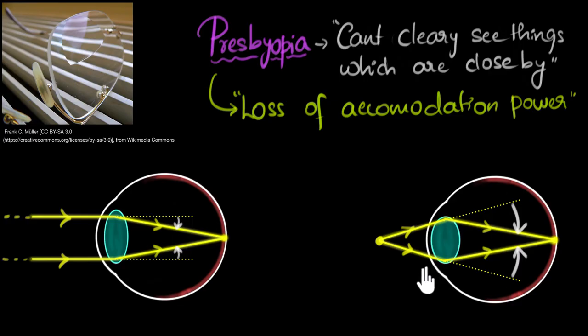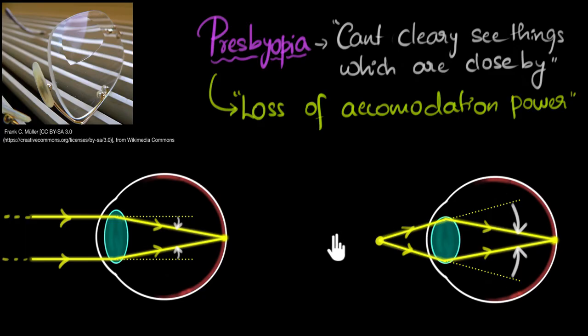So if you need more clarity on that, then it'll be a great idea to go back and watch that video and come back over here. But in short, presbyopia is related to accommodation, whereas myopia and hypermetropia are related to the abnormal shapes of the eyeball and the lens.